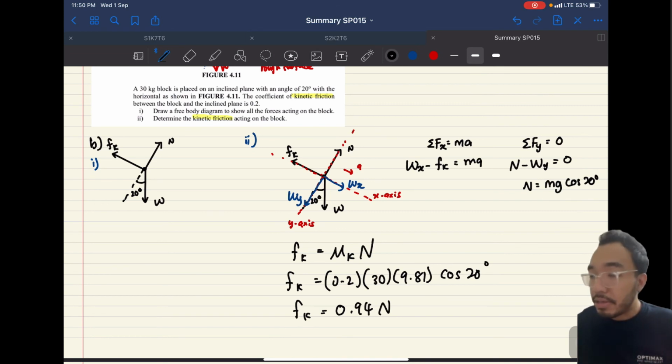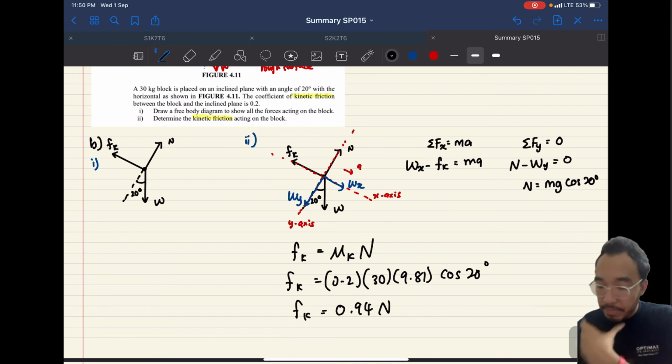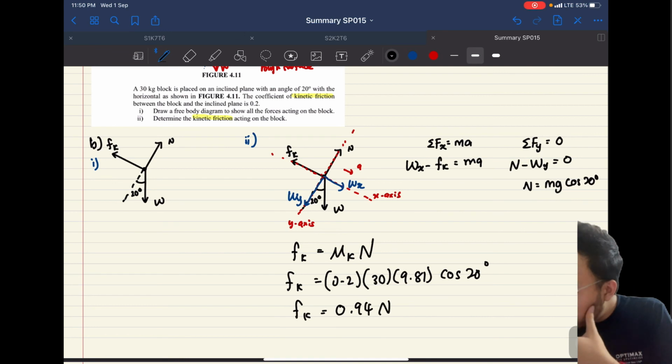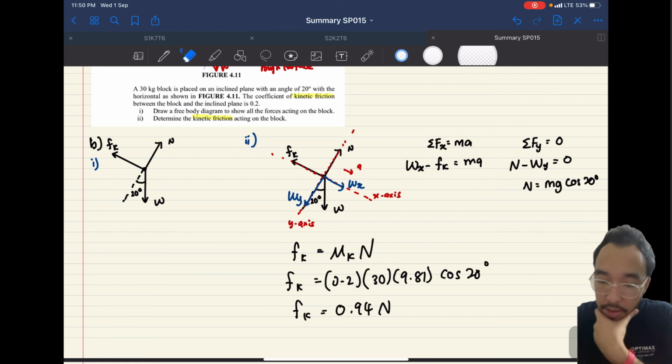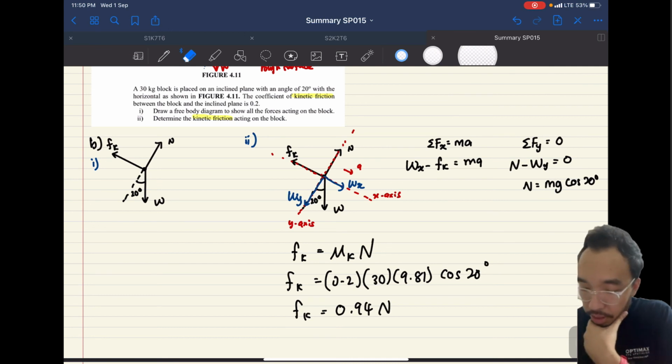I think I got it wrongly, or maybe I looked at a different answer. Yeah, I think I got it wrongly. Maybe try to press it one more time: 0.2 times 30 times 9.81 times cos 20 degrees. I don't know what I calculated just now. I should get 55.31.